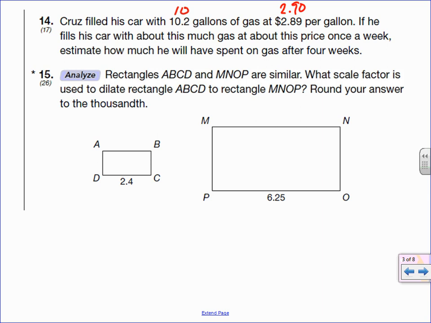So to figure out how much money Cruz is spending on gas, I take the number of gallons and I multiply it by the cost per gallon. So 10 gallons times $2.90 per gallon, and that gives me $29 each week. And then I would round that to 30.